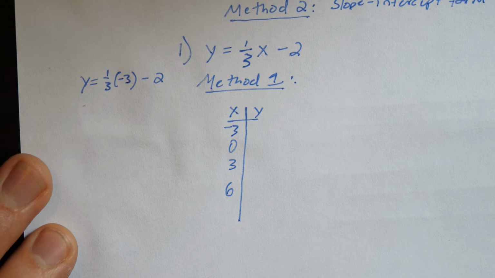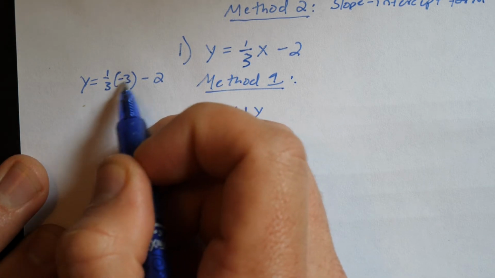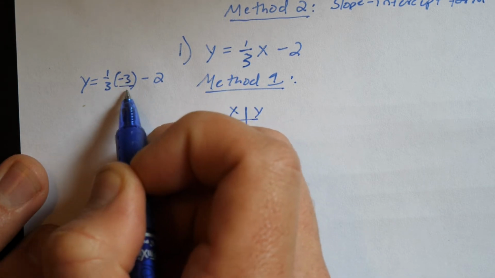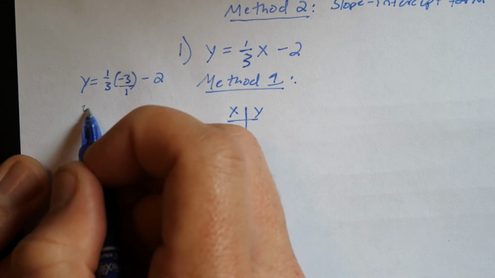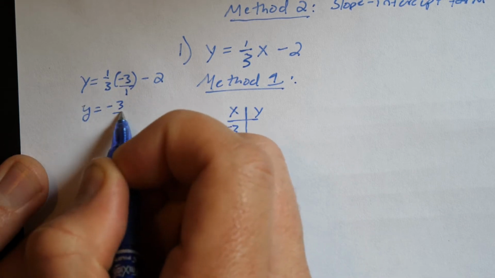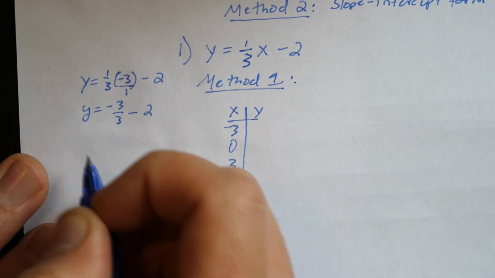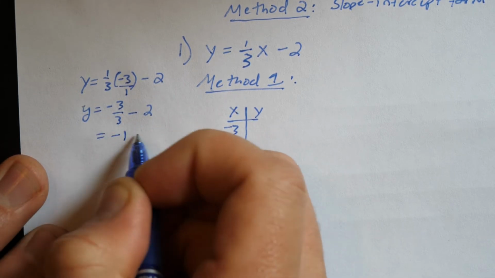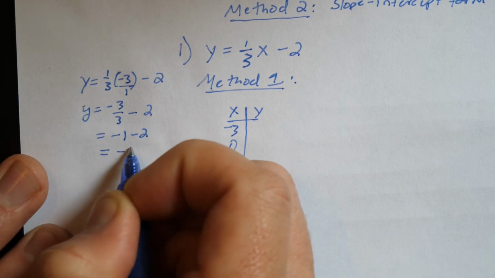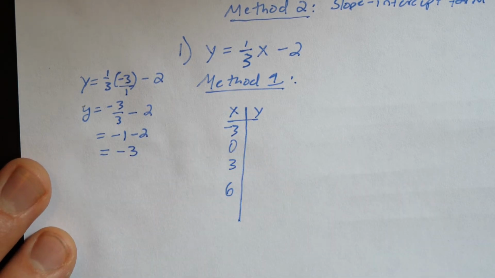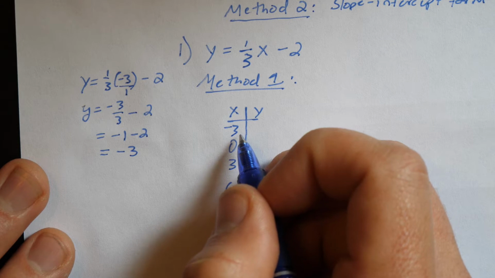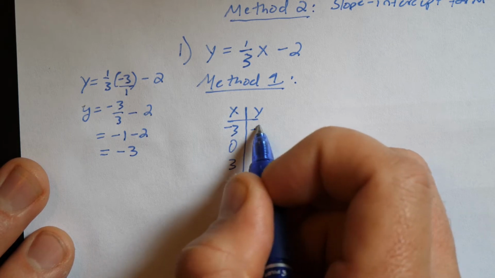Now this 3 is going to cross cancel with that -3. If you don't see that, just put it over 1 and multiply straight across. So you get y equals -3 over 3 times 1 is 3 minus 2. What's -3 divided by 3? That's -1. So that equals -1 minus 2, and that gives us -3. Okay? So for the x point, -3, we're going to get an output of -3.